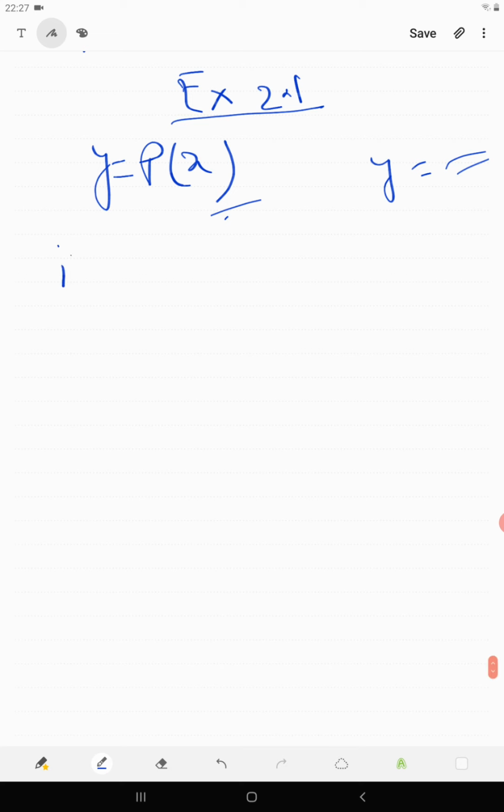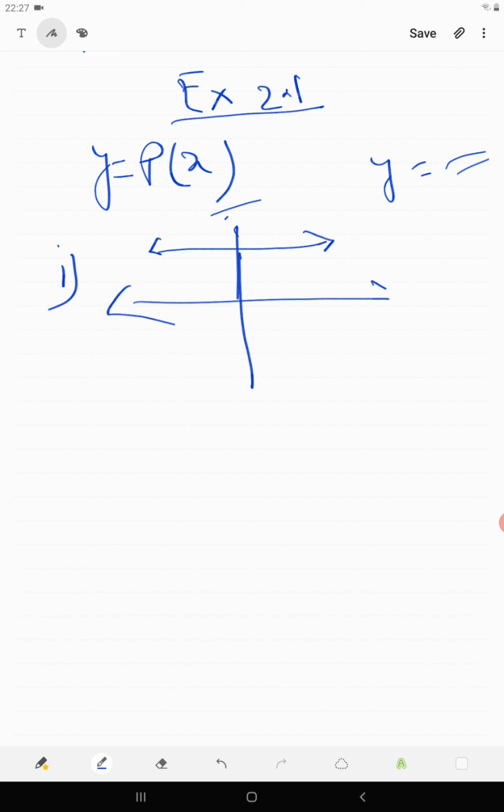So if you see the first problem, the graph is like this. This is the origin, this is x, negative x is written as x dash, positive y is y, and negative y is written as y dash.